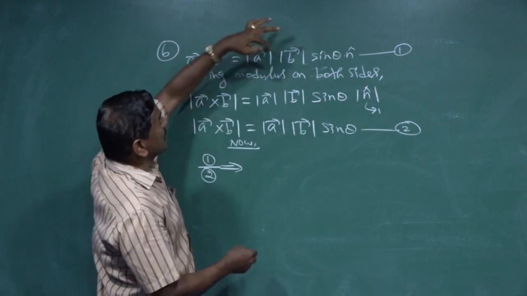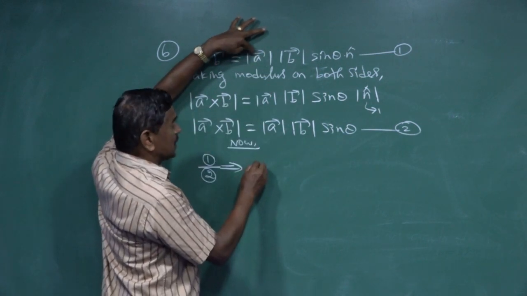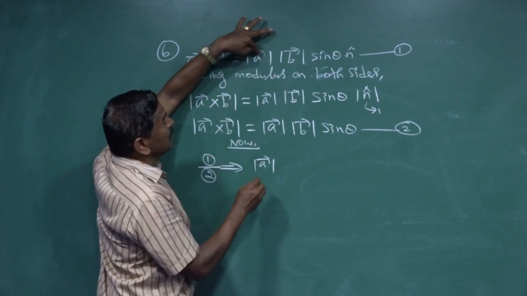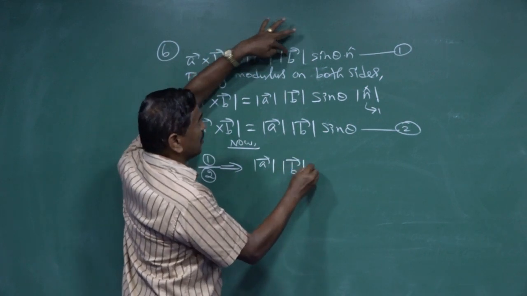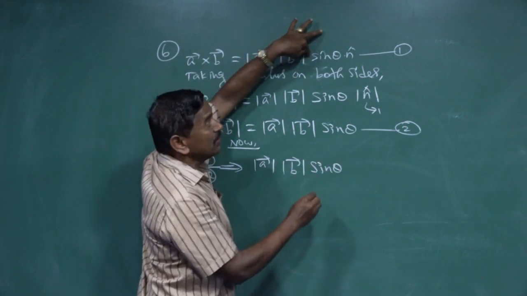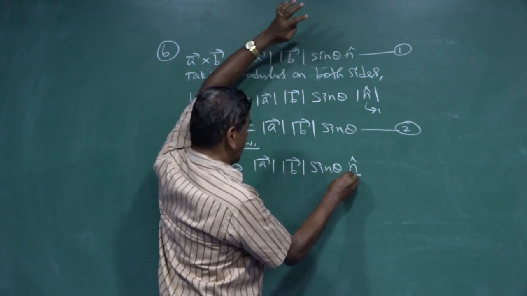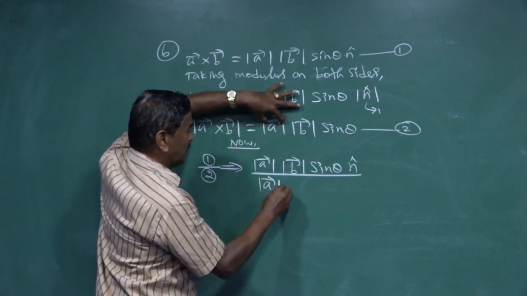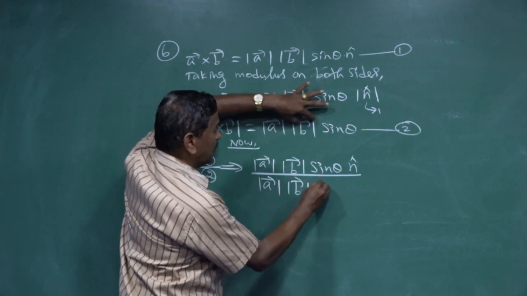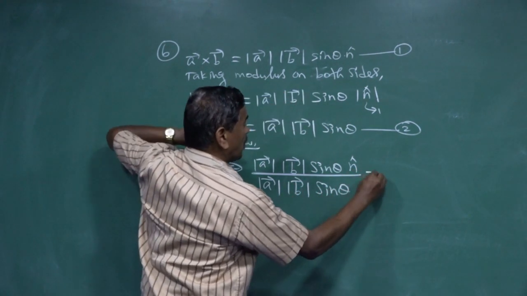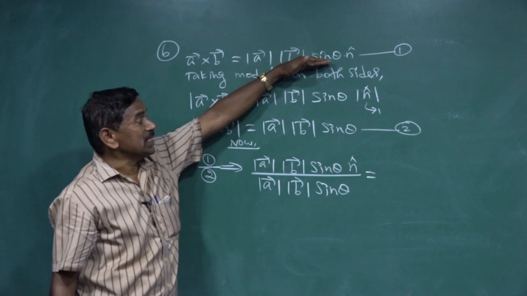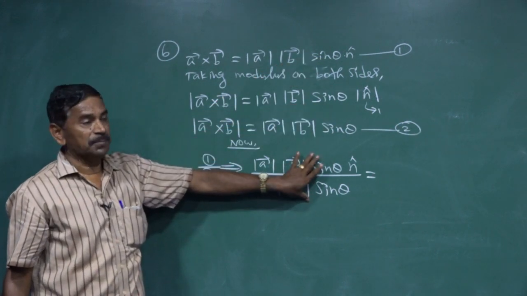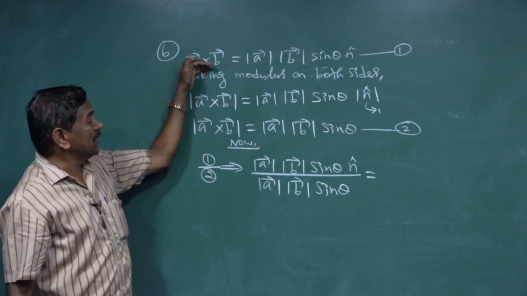The right hand side of the first equation is modulus a vector into modulus b vector into sin theta into n cap, divided by the second equation, modulus a vector into modulus b vector into sin theta.